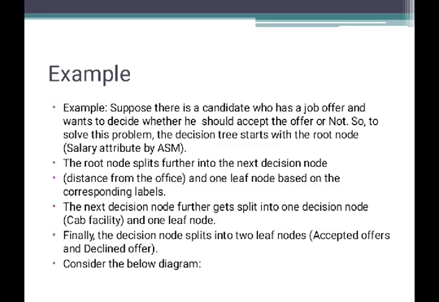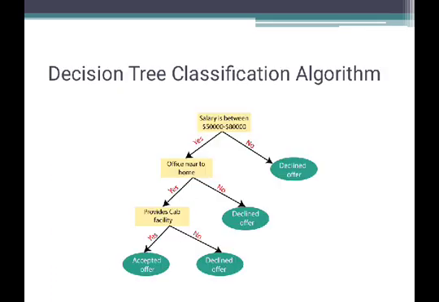The root node splits further into the next decision node and one leaf node based on corresponding labels. The next decision node further splits into one decision node and one leaf node. Finally, the decision node splits into a leaf node. Consider the below diagram. This gives a better understanding of the decision tree structure.